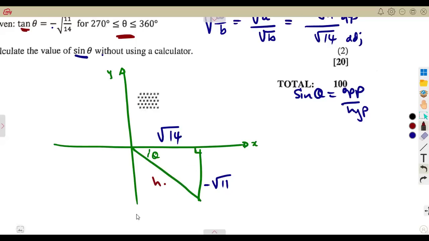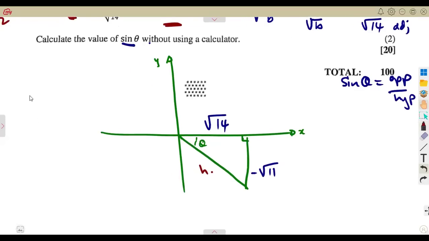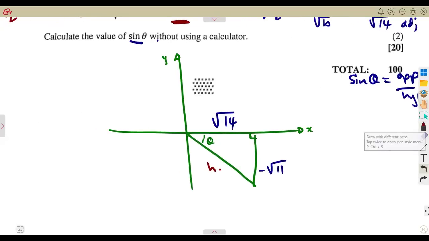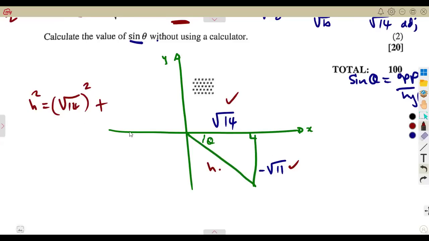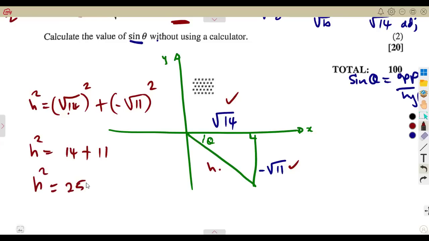So we can calculate the hypotenuse first from Pythagoras theorem. Hypotenuse squared is equal to side squared plus side squared. So that will be square root of 14 squared plus minus square root of 11 squared. So this was going to give us 14 plus 11, which gives 25 at the end.